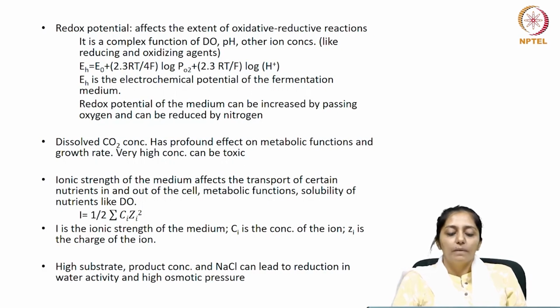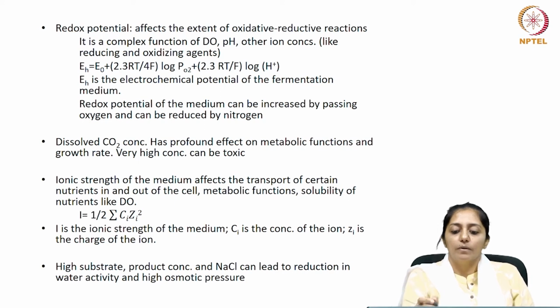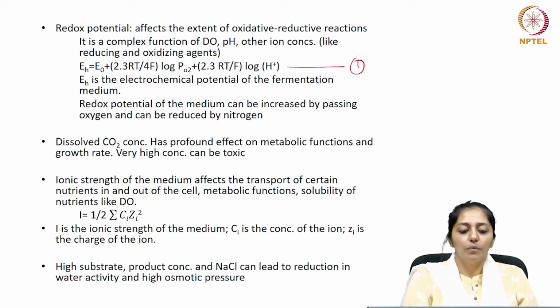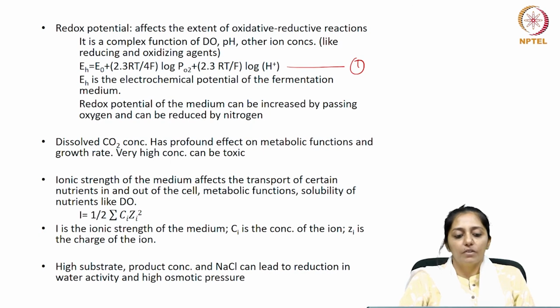So redox potential also affects the extent of oxidative and reductive reactions in the fermentation. It is said to be a complex function of dissolved oxygen, pH, and other ion concentrations, like reducing or oxidizing agents if present in the medium. If you see equation 1, it is one of the ways in which the redox potential has been demonstrated, where EH is the electrochemical potential of the fermentation medium.